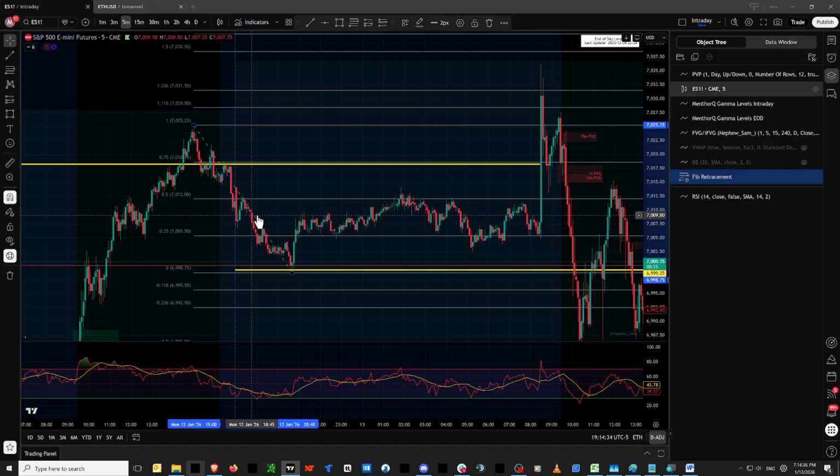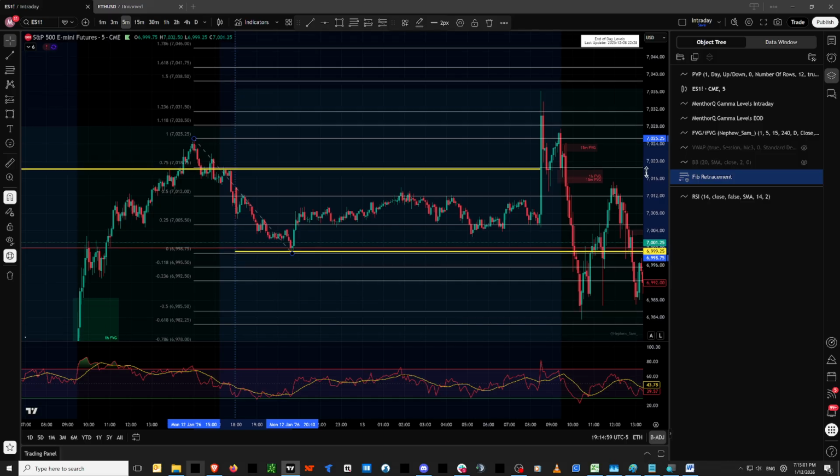We're on a 5-minute chart here. This was yesterday's high, I guess. So all these stops are sitting right here, and it slams through them, runs them, and then what does it do? Well, it comes back down.